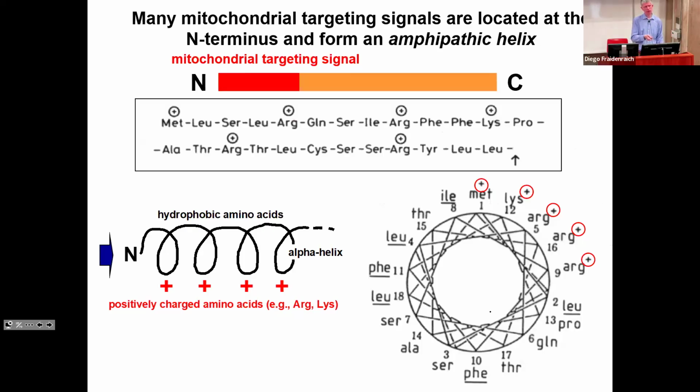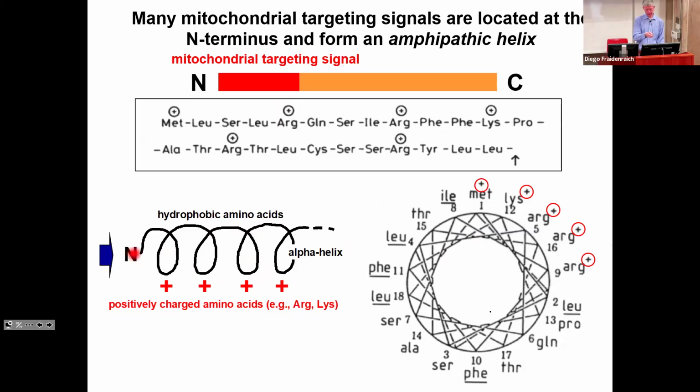But when you look at the structure of the signal sequence, you can see a distinct feature. First of all, it forms a helix structure here, an alpha helix.